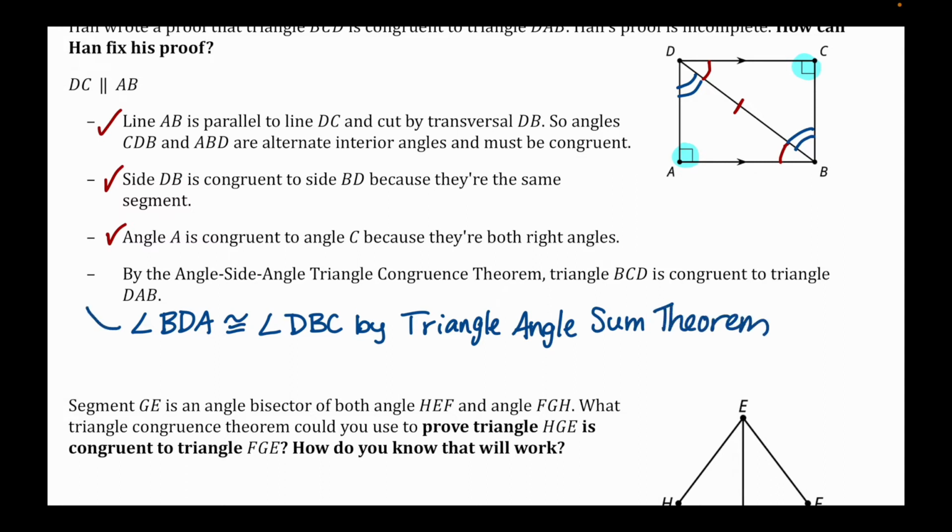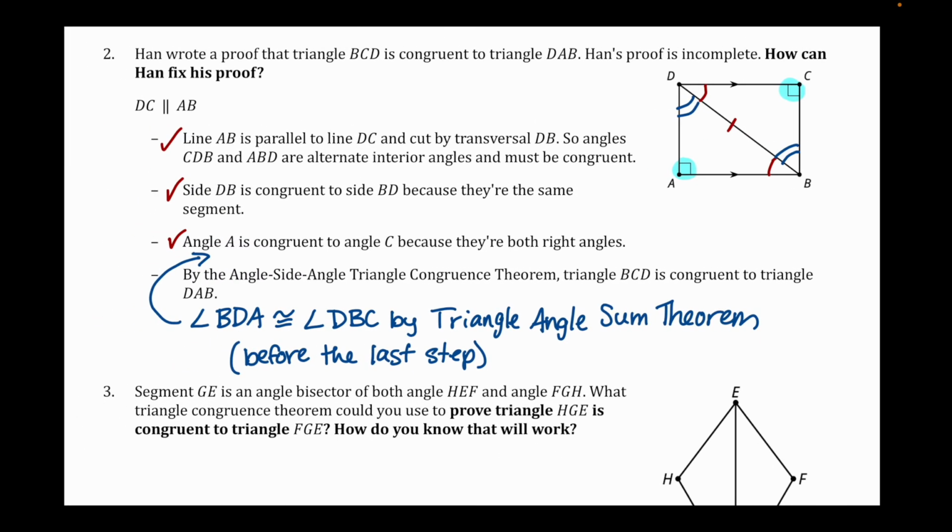And this we would want to put right in here. We would put it before the last step, because he actually needs that those are congruent in order to then say that he has angle side angle. So that's how he can fix his proof.